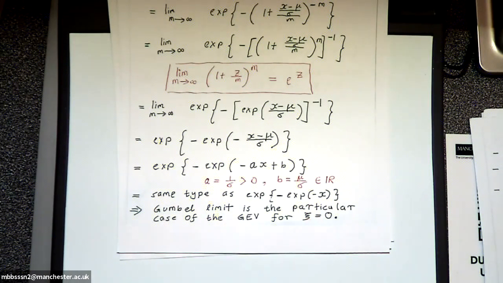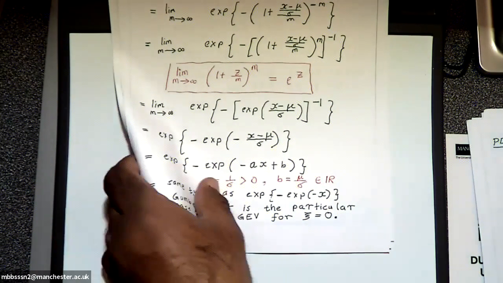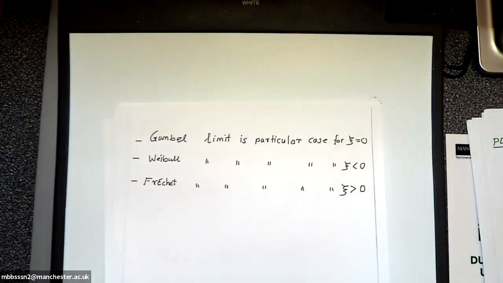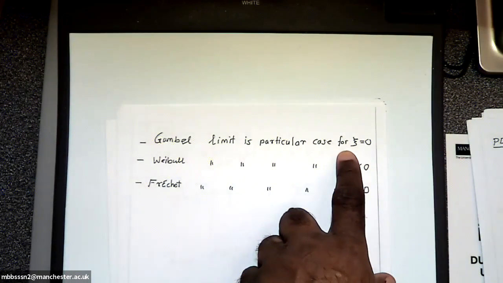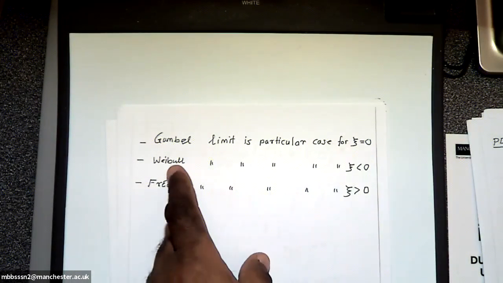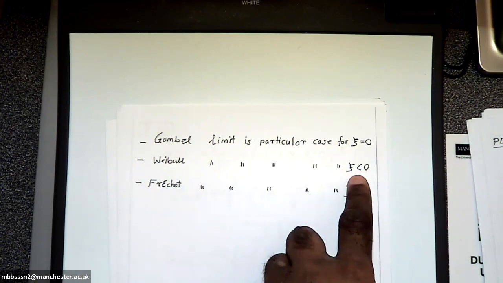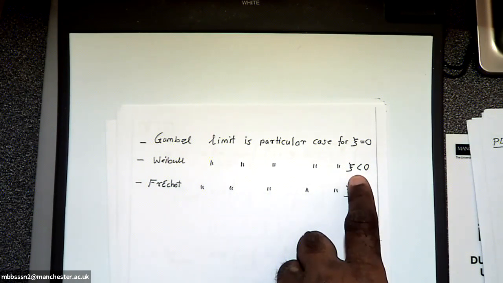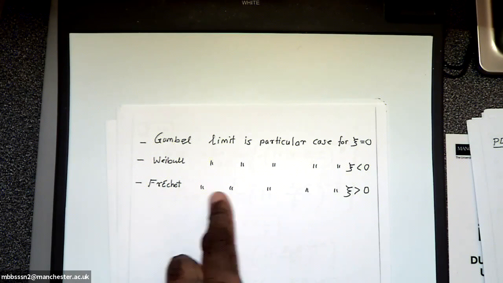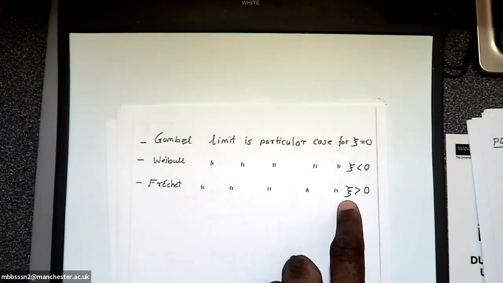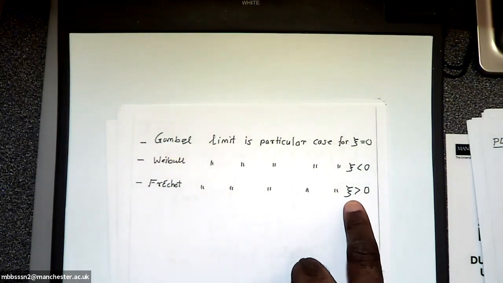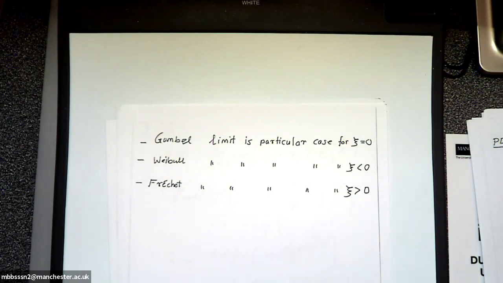So hence, we have shown that the Gumbel limit is the particular case of the GEV for psi equal to 0. The Weibull is the particular case of the GEV for psi negative, and the Frechet limit is the particular case of the GEV when psi is positive. All right.